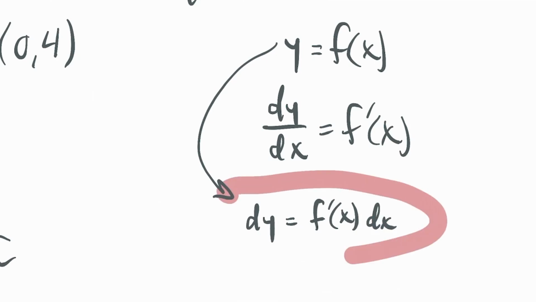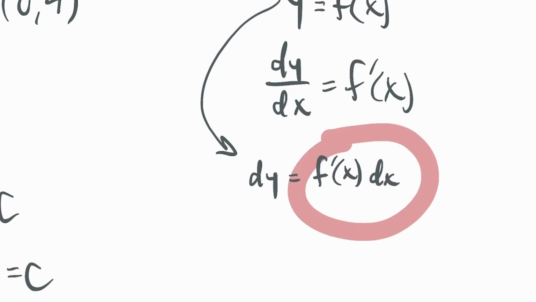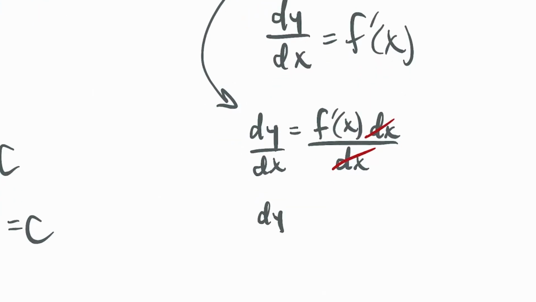So in this context of a differential where we have dy on its own, dy equals this product f prime of x times dx. Now I can divide, because right here this is a product, f prime of x times dx. I can divide by dx on both sides, and get rid of the dx on the right, and so I have dy dx equals f prime of x.